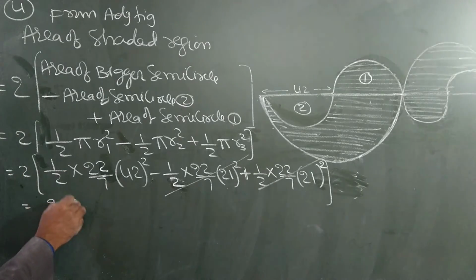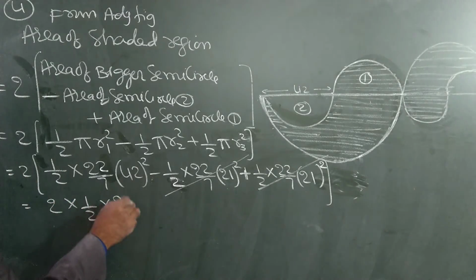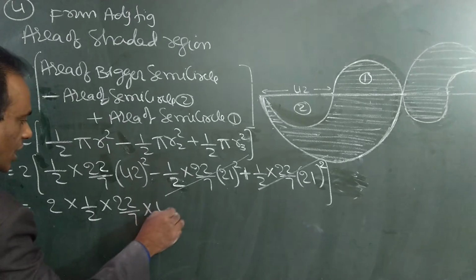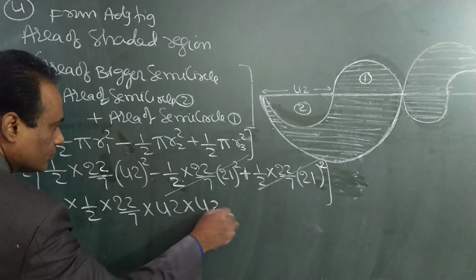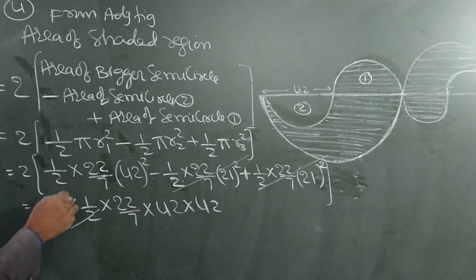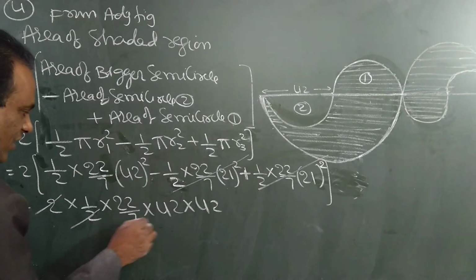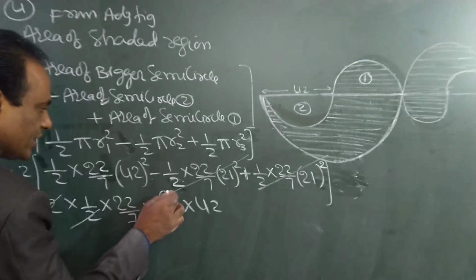So 2 into 1 by 2 into 22 by 7 into 42 into 42. 2 cancels. 7 6s are 42.